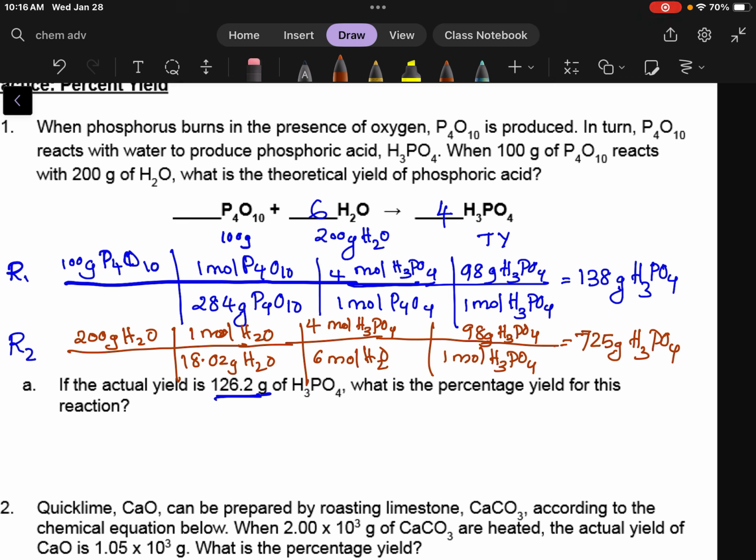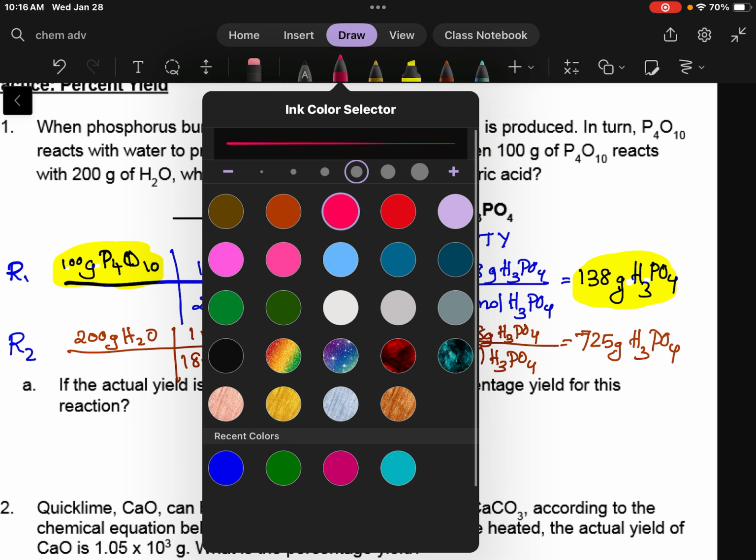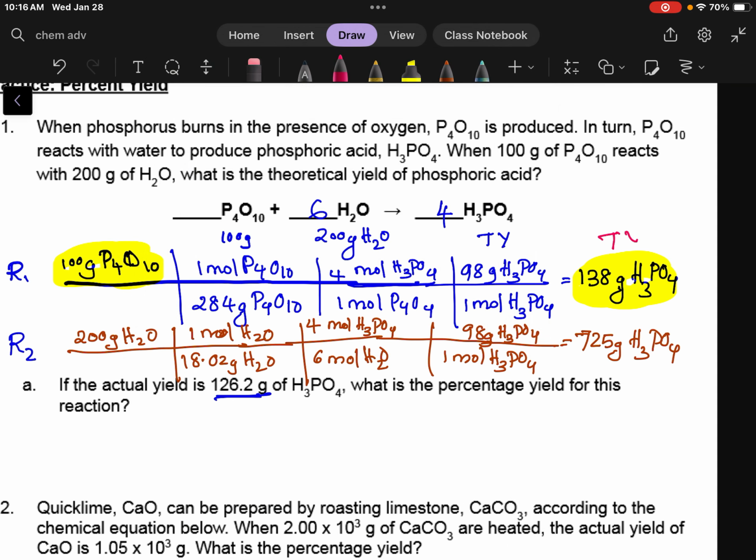Yes, I think that's right. So now look at the answers. Which is the lowest value? This is the lowest value and this is the limiting reactant. I'm going to write that there using a different color. This is your theoretical yield, this is your limiting reactant.